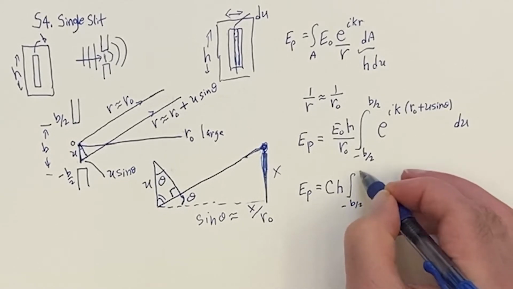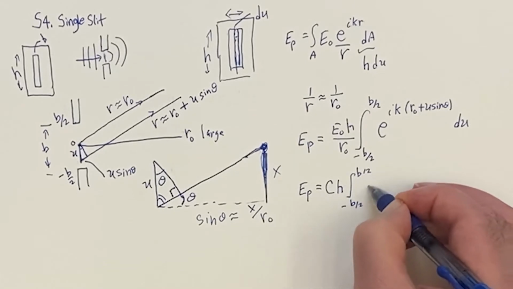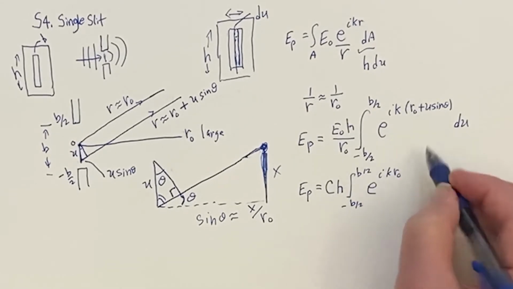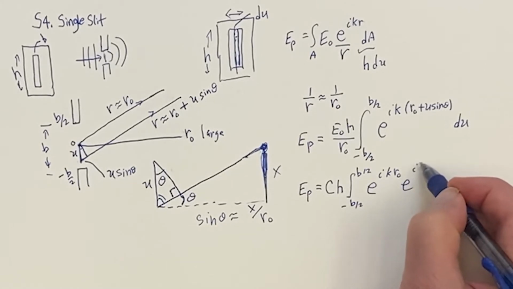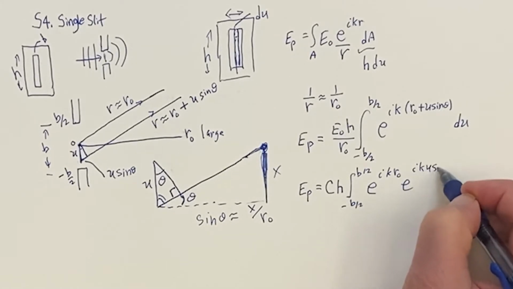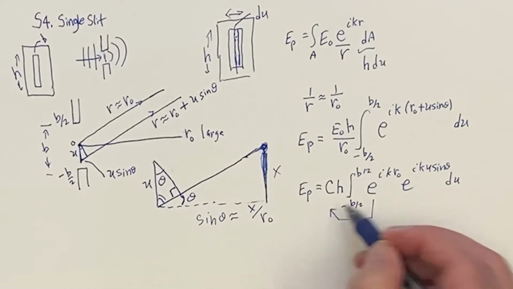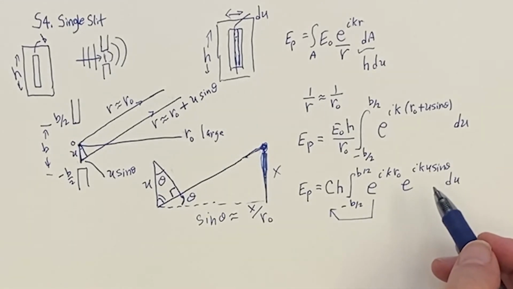Minus b over 2 to plus b over 2 of e to the i k r naught times e to the i k u sine theta du. Now this can pop out, there's no u in there.